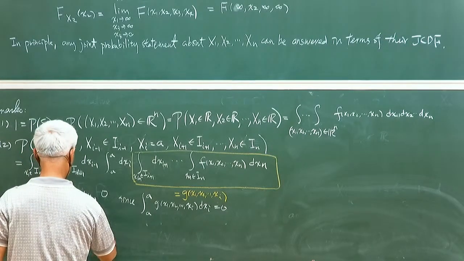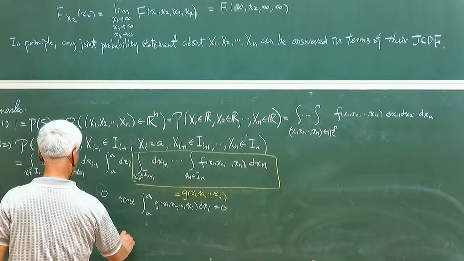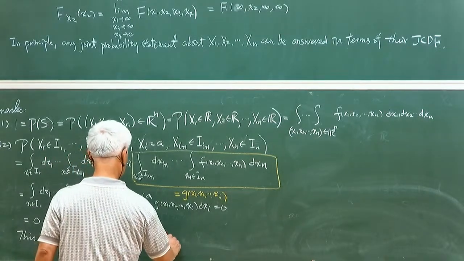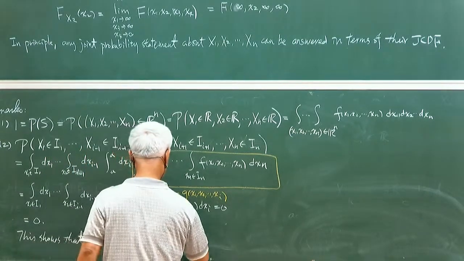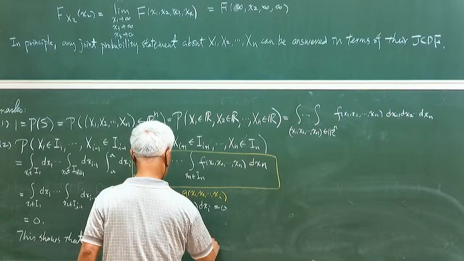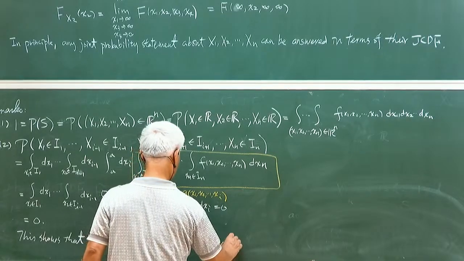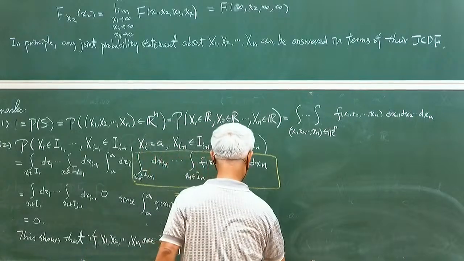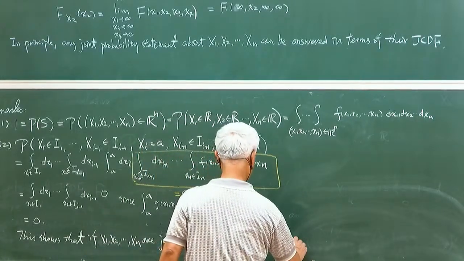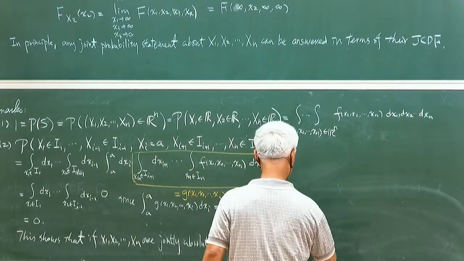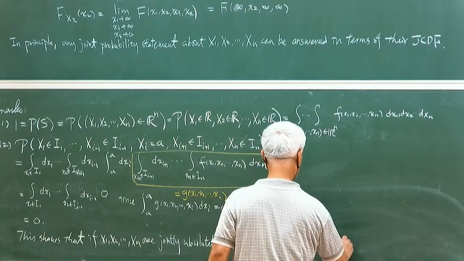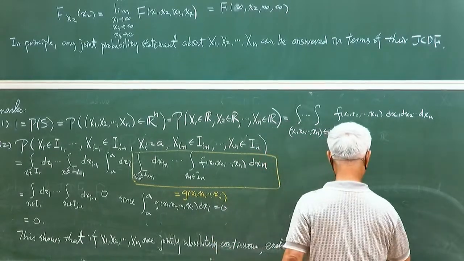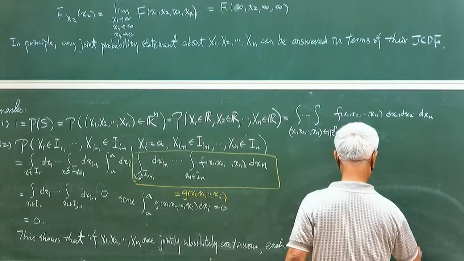So this shows that if x1, x2, up to xn are jointly absolutely continuous, each x sub i is a continuous random variable for all i from 1 to n.